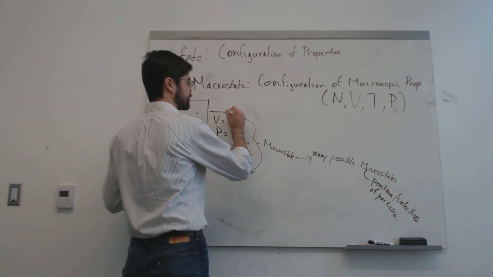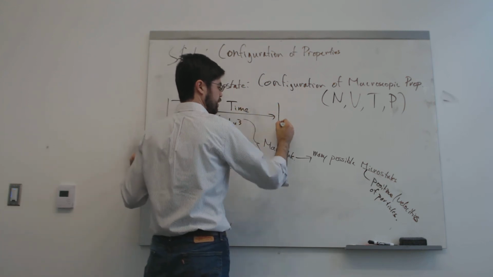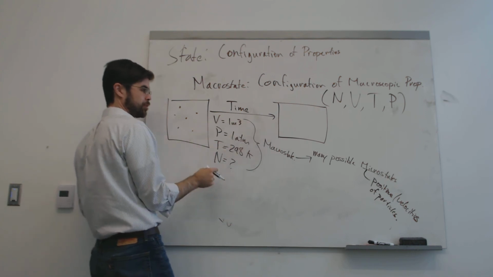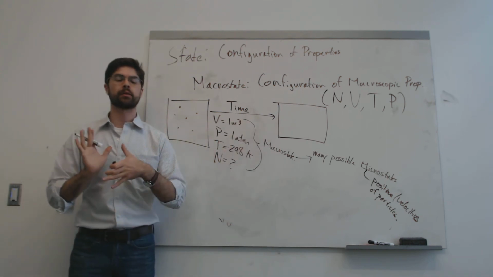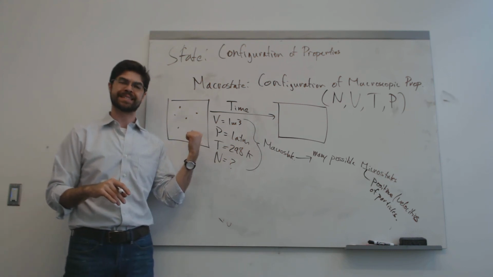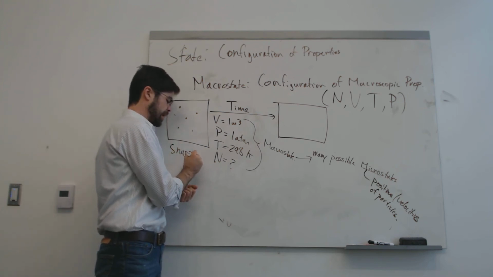But at some later time, imagine these boxes are the same volume. Imagine I have a gas in a box, and I don't do anything to the box. Imagine that at one particular second I take a snapshot of the box.